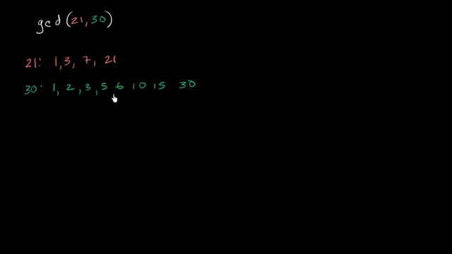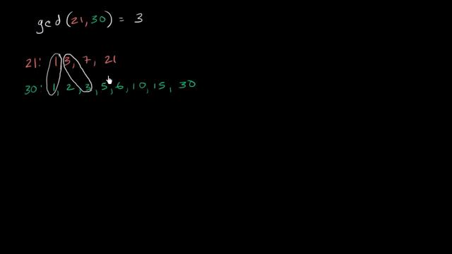So here are all of the factors of 30. And now, what are the common factors? Well, 1 is a common factor. 3 is also a common factor. But what is the greatest common factor, or the greatest common divisor? Well, it is going to be 3. So we could write 3 here.